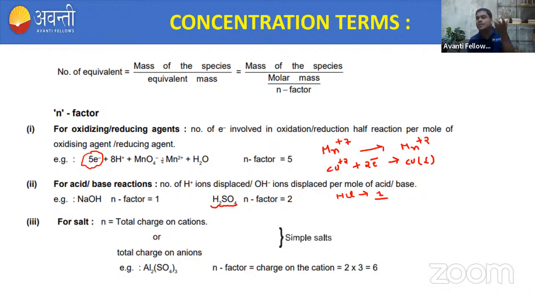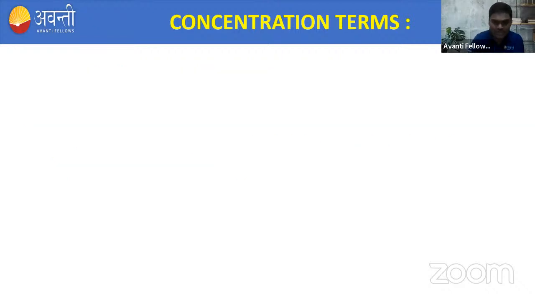But actually, how will you say that in H2SO4 N factor comes out to be 2? This is when you actually draw the diagram. In your 11th class chemical bonding, you draw the Lewis dot structure for H2SO4, H2SO7, H2SO8. From that, you know the terms very well, that is acidity and basicity. Let me draw and explain it to you.